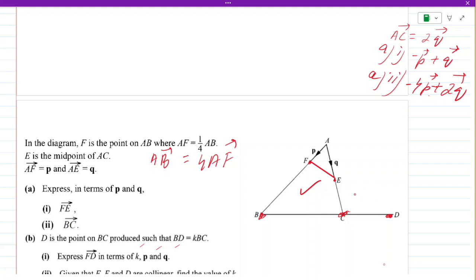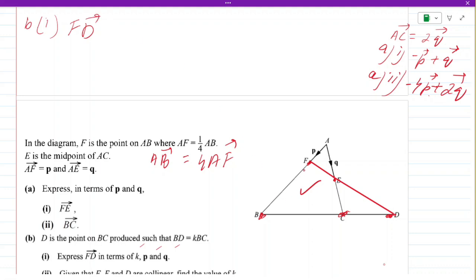Here FD. So these 3 points are also collinear, F, E and D. So yes, let's start solving the first part of the B part, that is FD.